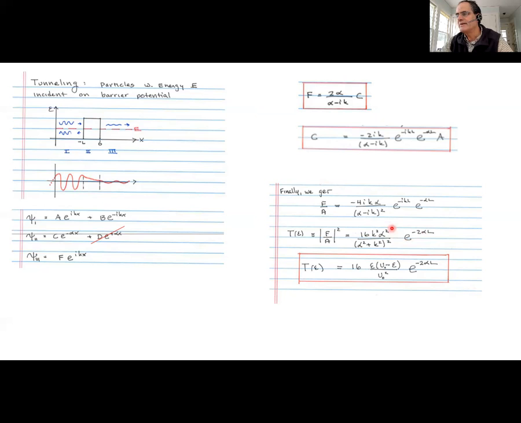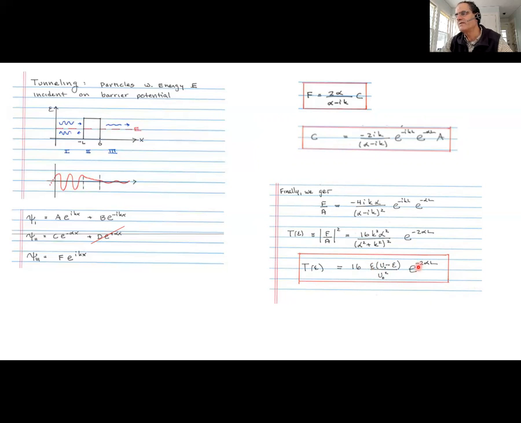Finally, let's just rewrite this so that for these factors in the front, instead of having k and alpha, we'll write it in terms of E and U. Okay? And when we do that, it's just a little bit of algebra. We get 16 E times quantity U naught minus E divided by U naught squared, okay?